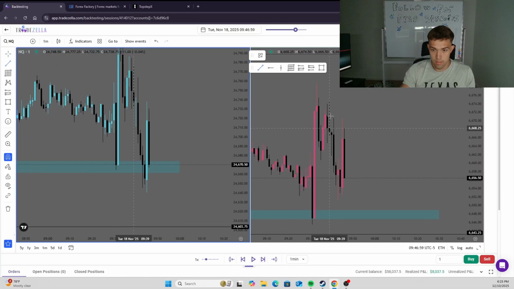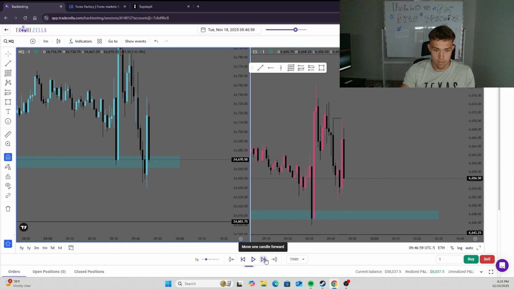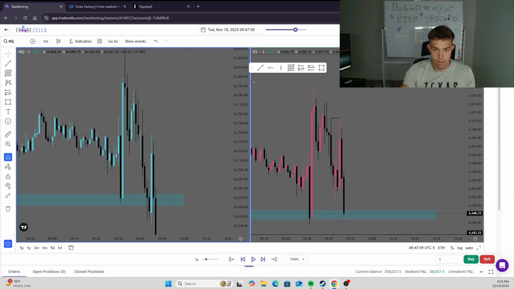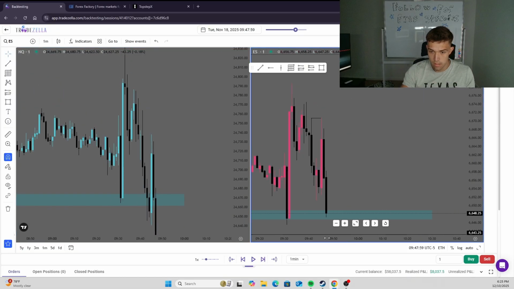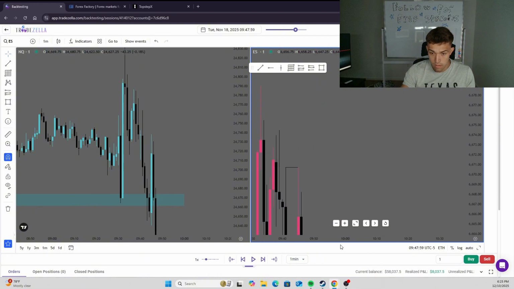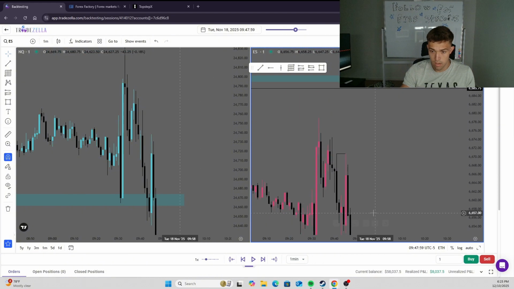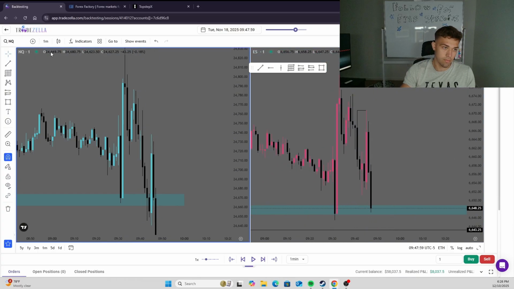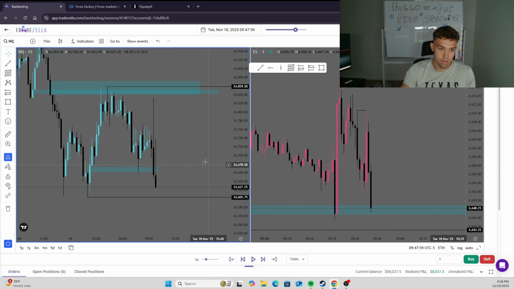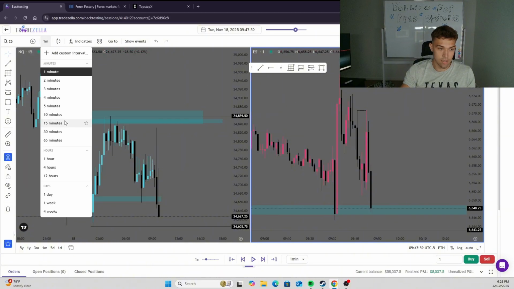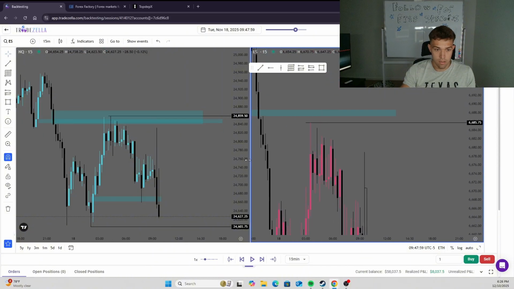We got SMT right here. Actually, that might, okay, that's equal highs. We got equal highs. Okay. But remember, we had SMT with this hourly fair value gap.